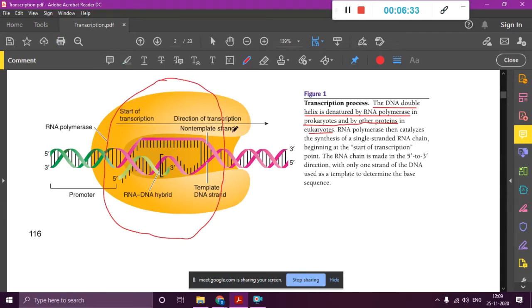And what happens? This is the 5 prime. I am drawing the 5 prime to 3 prime end. I am just overwriting this, so I have just overwritten it over here.